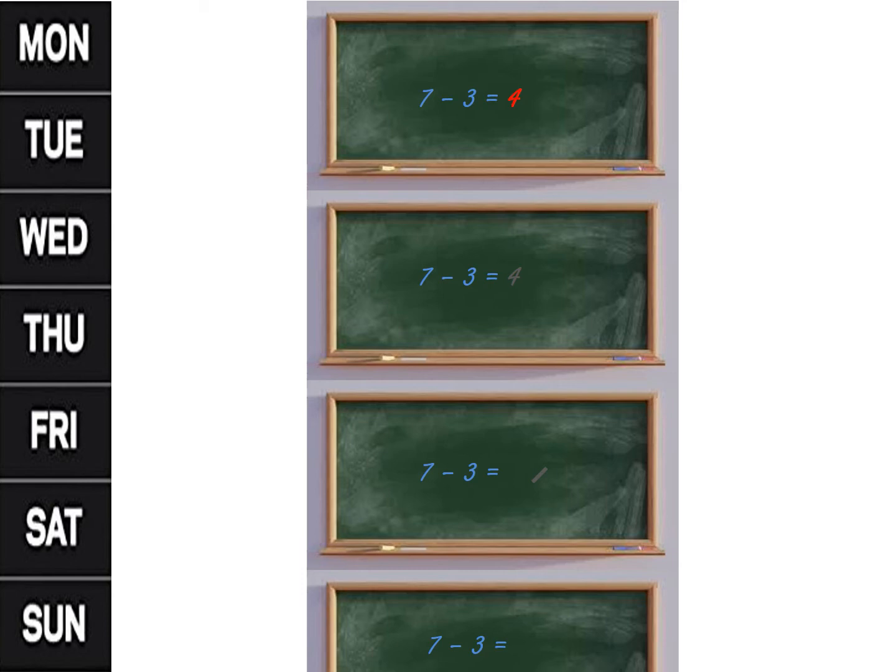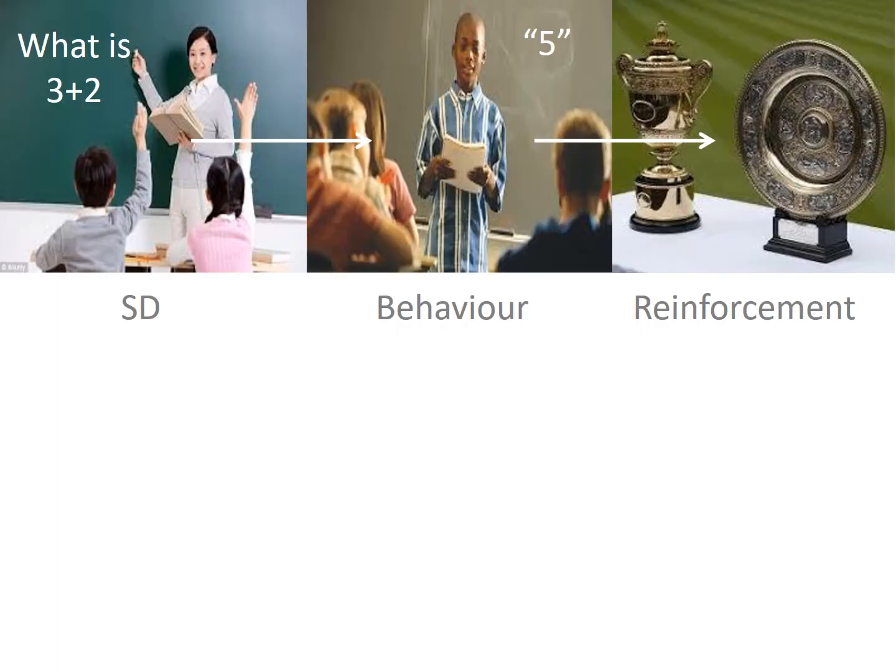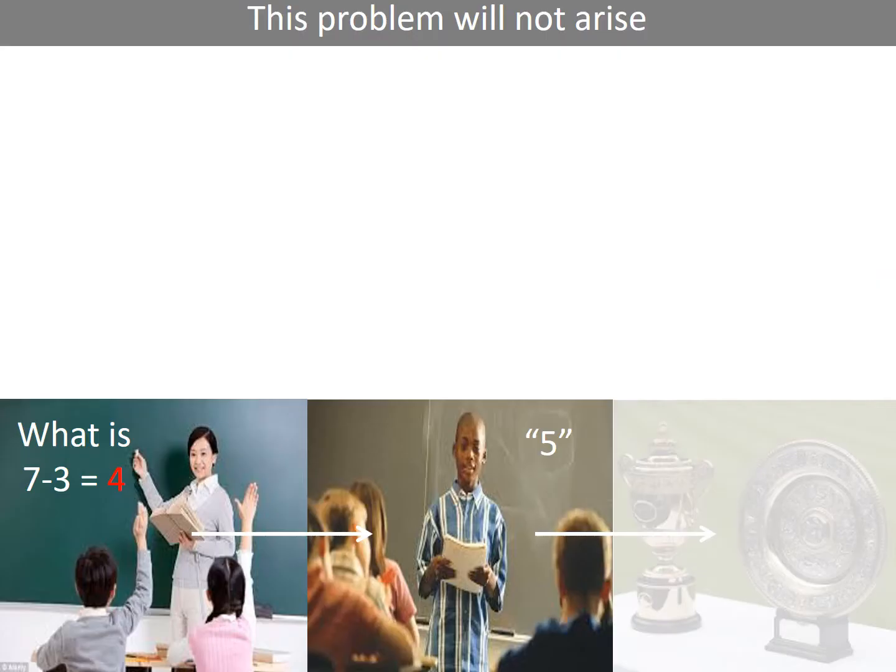Now, this scenario is actually an example of errorless training. To demonstrate, suppose the behaviour is the answer 5, and the reward is approval from the teacher. The SD or discriminative stimulus is a question in which the answer 5 is rewarded, such as what is 3 plus 2? The S delta is a question in which the answer is something else like 4, such as what is 7 minus 3?